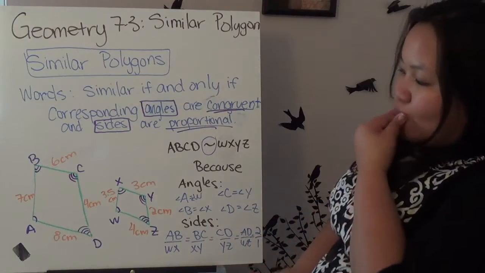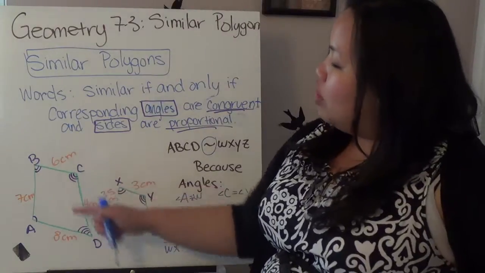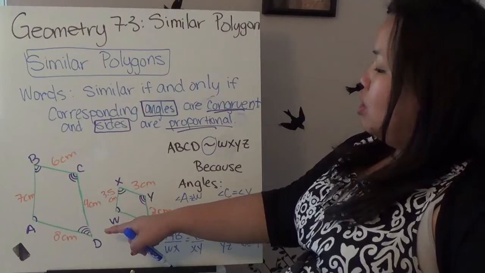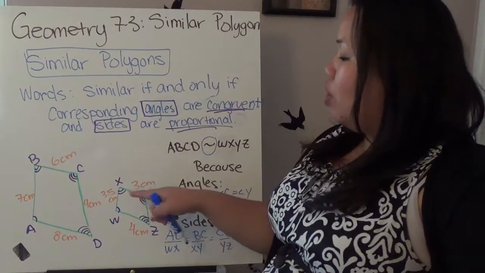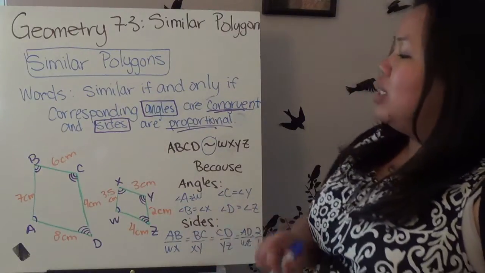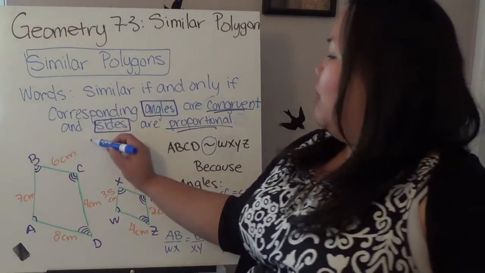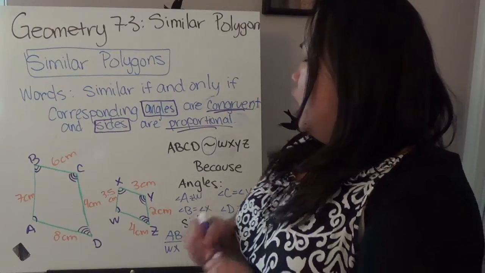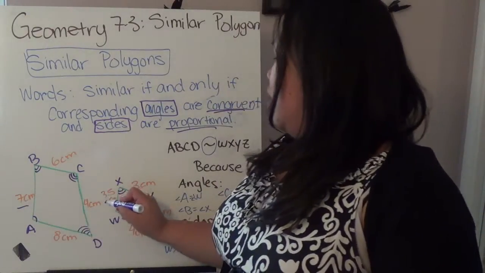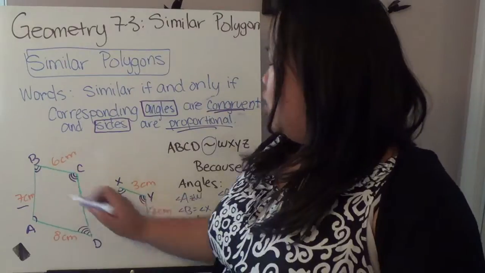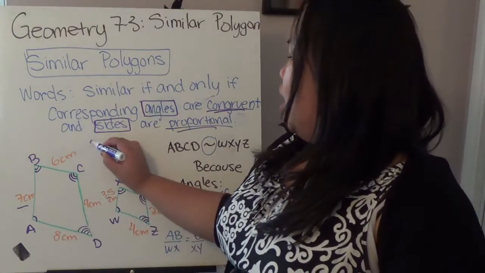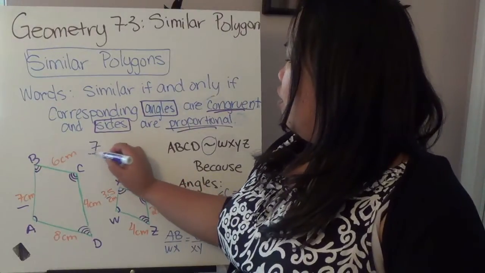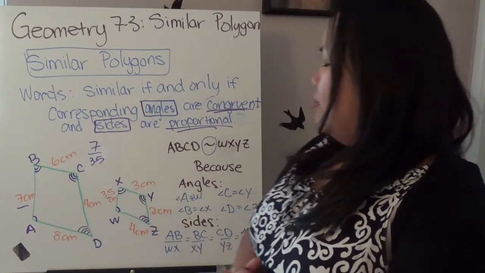So that means if I took all of the sides of one of the polygons and then I put it over each corresponding side, I would get the same fraction. So AB over WX is 7 over 3.5.